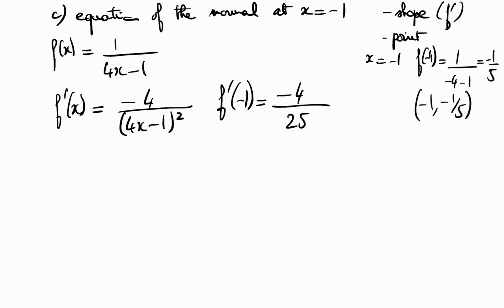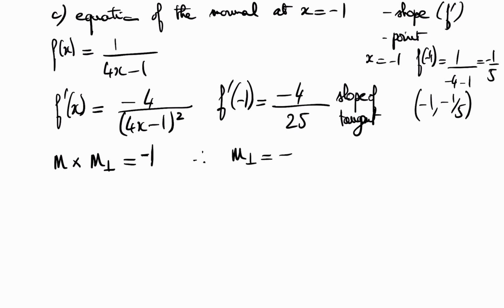But hang on, this is the slope of the tangent, and that's not what we want. We want the slope of the normal. But we know that the product of the slopes of two perpendicular lines is equal to minus 1. So m perpendicular, the slope of the normal, is minus 1 over m, which is minus 1 over minus 4 over 25, which is 25 over 4.